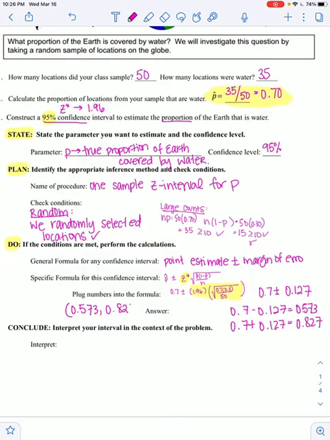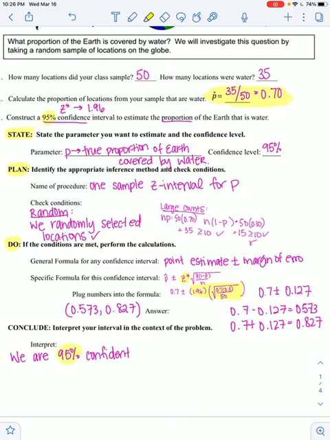Okay, so lastly, we are going to conclude. And this is that script that I've been having you write out. So we are 95% confident. Remember, this 95 came from up top. This is something that we plug in.